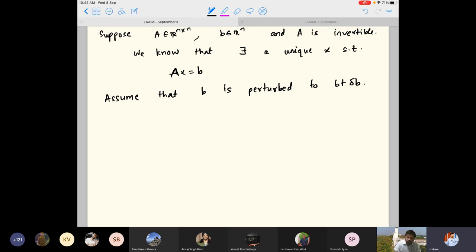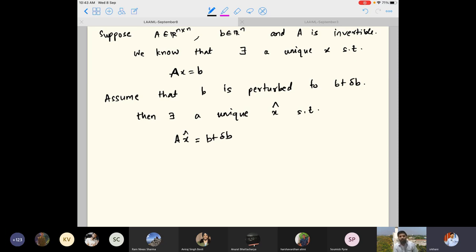Then let us assume the unique solution, then I'll just write there exists a unique x hat such that A x hat is equal to B plus delta B. I can say this.